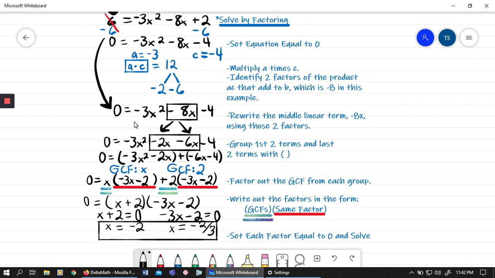So again, we're going to use Desmos, and I'm going to show you using this equation where we have set it equal to 0, and we're going to get the exact same solutions that we just now got here: negative 2 and negative 2/3. And we're going to use Desmos graphing calculator.